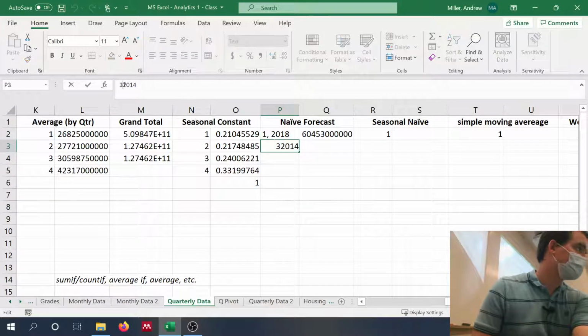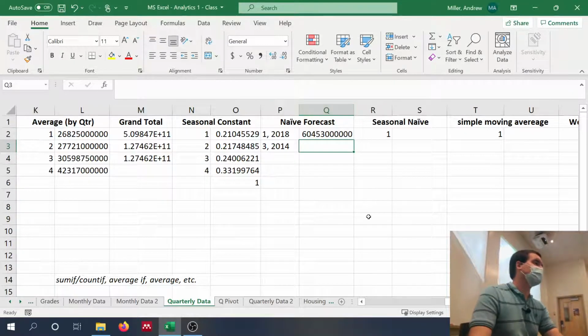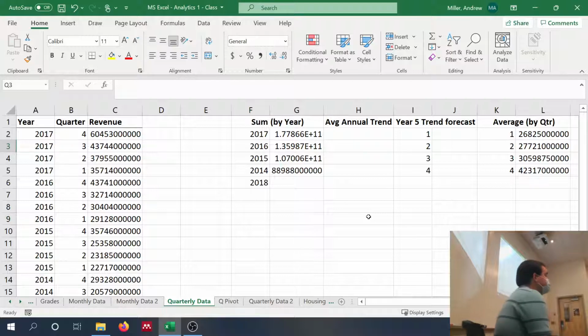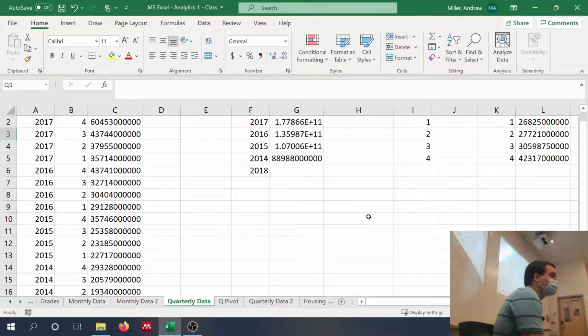What is the naive forecast for that going to be? What comes before quarter 3, 2014?